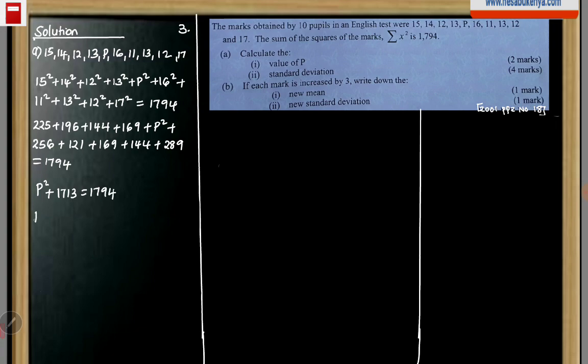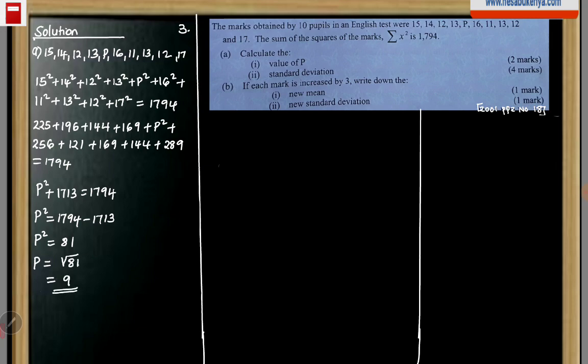This means that P squared is equal to 1794 minus 1713. So P squared, the difference between the two, is 81. So our P will be equal to the square root of 81, which is 9.